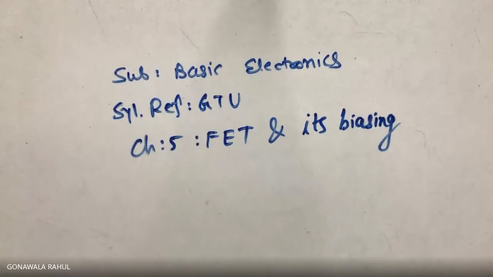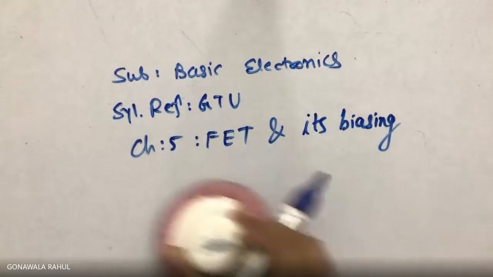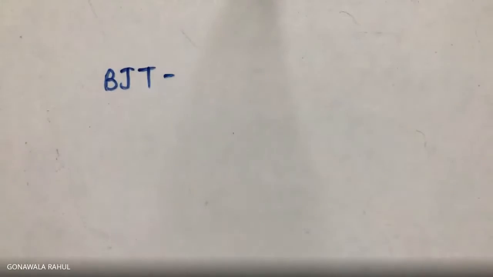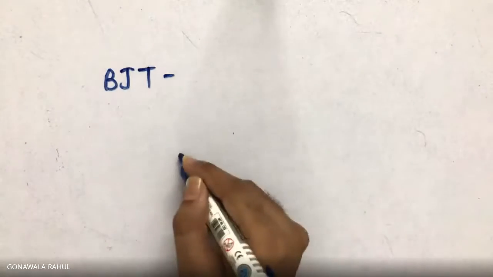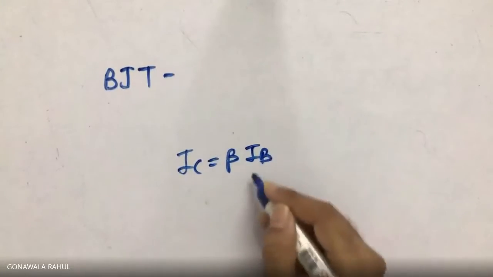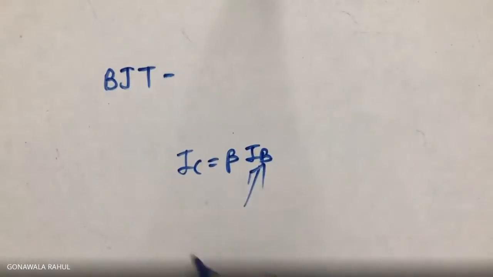So in that, first of all, we will see some basics. We have covered BJT, bipolar junction transistor. In BJT, as we know, IC is equal to beta IB, where IB is your base current and IC is your collector current.